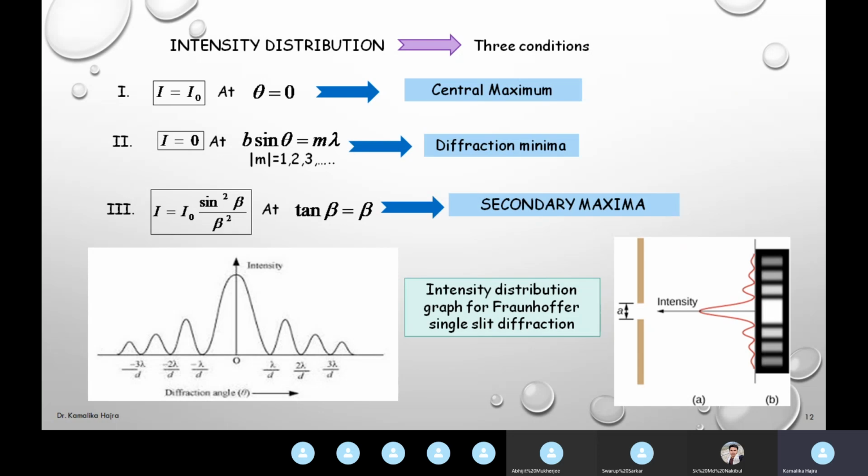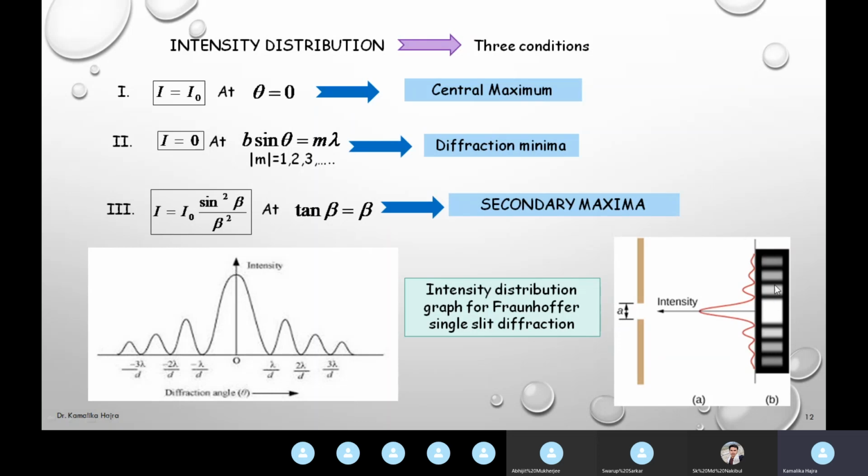Exactly, the slit width has to be very small. When this is an open window, first of all, bending and all that is there. Secondly, we observe only the central maximum. The central maximum fills up the entire space, and it is so bright that the others cannot be observed.